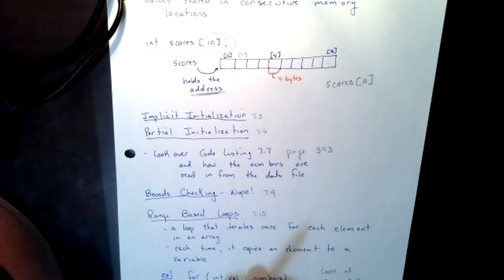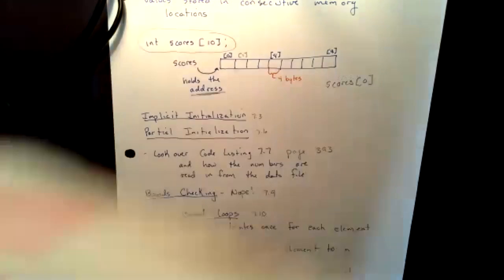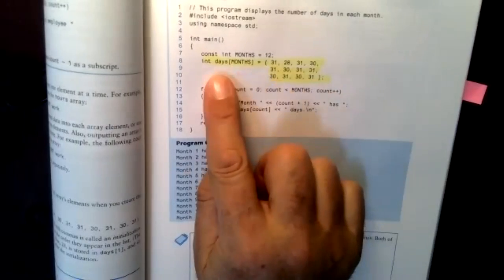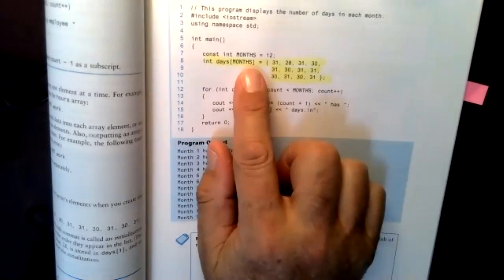Knocking the rust off of a couple of things that we've talked about before, an implicit initialization. You've done that in code listing 7.3. You should have seen it before, but an example is right here where I'm assigning the values directly into the array so that it's already done inside of the program.